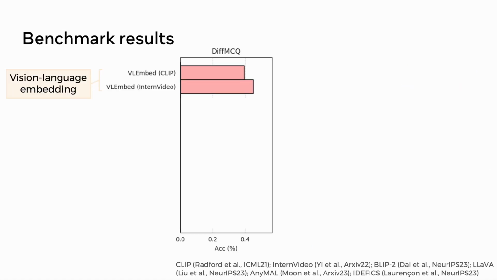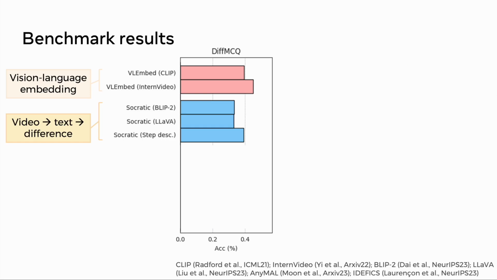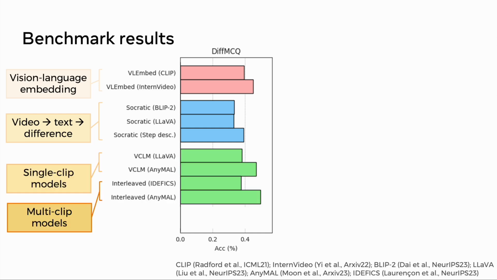We compare against several classes of models: vision language embedding models that just match text to videos, Socratic models that perform text-only reasoning on top of step captions from various other models, and multimodal LLMs that are trained with either single videos or interleaved videos for captioning tasks. Our approach outperforms these on all of our benchmark tasks across all baselines.